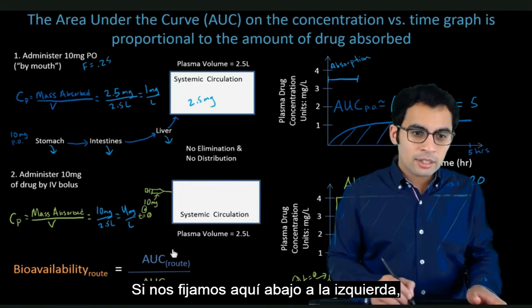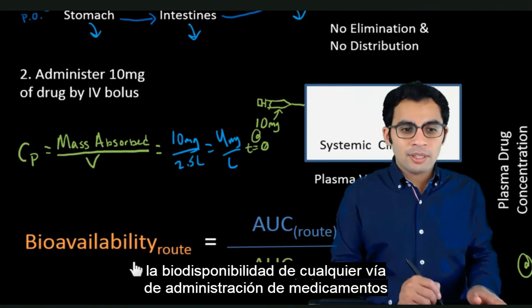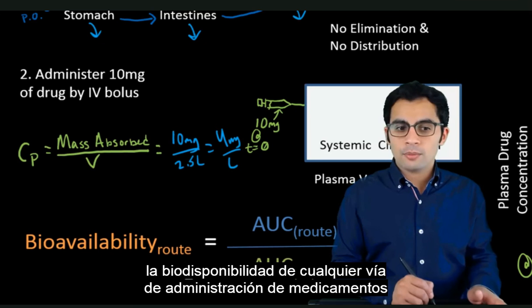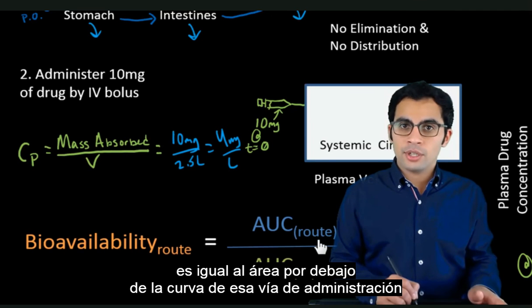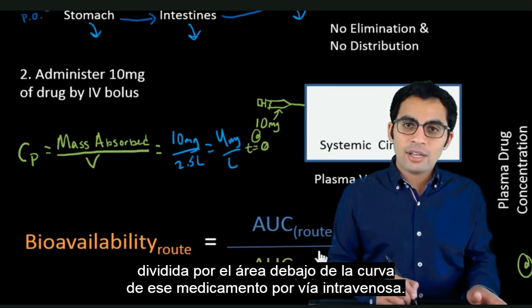If we focus down here on the left, the bioavailability of any route of drug administration is equal to the area underneath the curve of that route of administration divided by the area underneath the curve of that drug given IV.